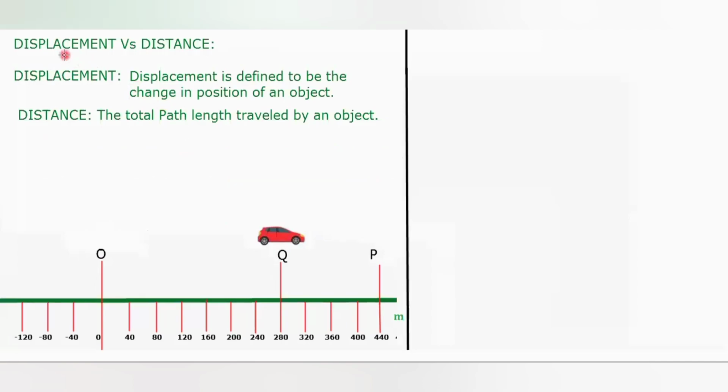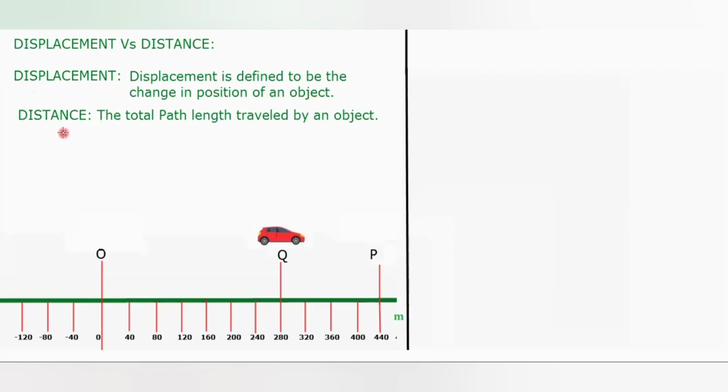Okay, first of all, what is displacement and what is distance? The displacement is defined to be the change in position of an object. Like when an object or a particle is in motion, this displacement denotes the change in the position of an object.